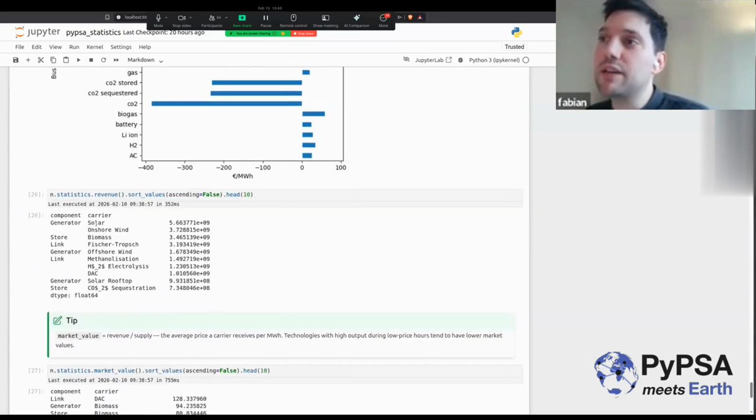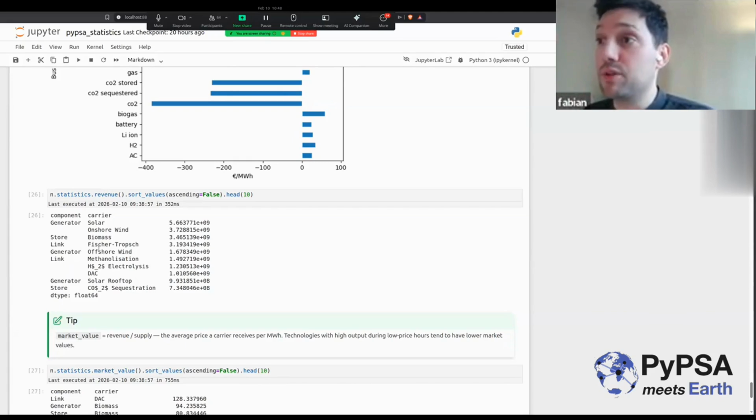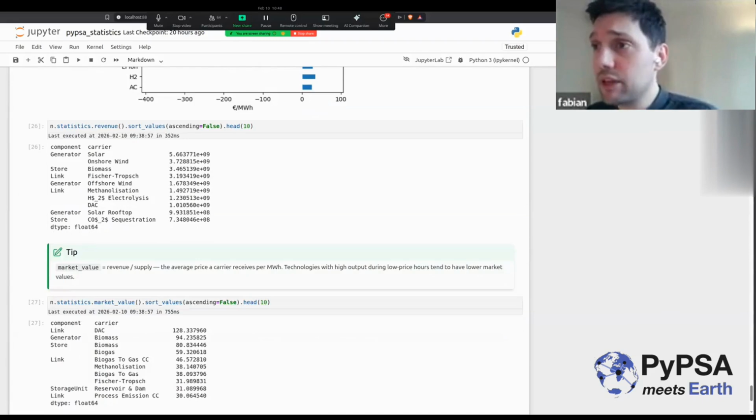It's just another convenience function that uses these internal logics of PyPSA when it comes to marginal prices, and when it comes to what the actual revenues are when we look at the duals of the optimization problem. So the buses' marginal prices, yes, and the marginal costs in relation to each other.